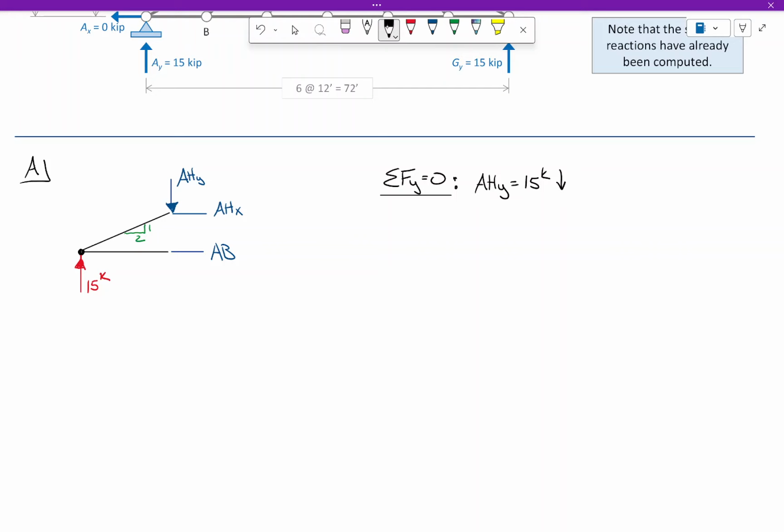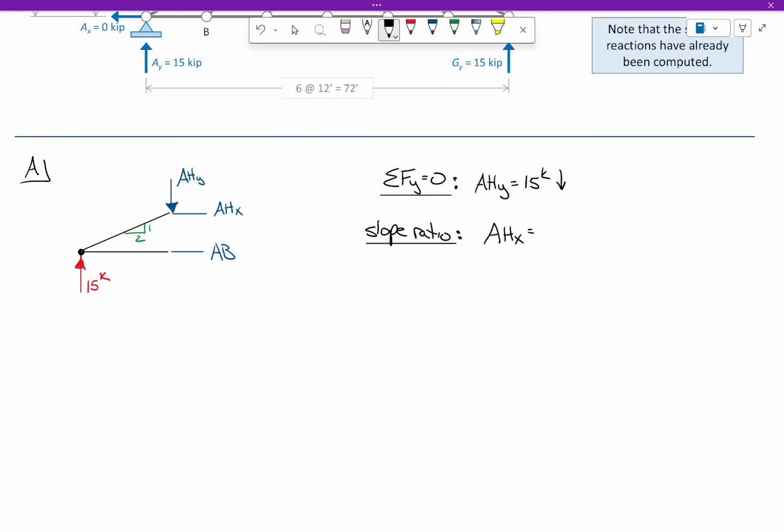Okay. Somebody over here tell me what to do. Again, my coffee, they must have given me decaf because I'm not awake enough to do this problem. I need your help. Tell me what to do. Use the slope ratio. Okay. So the slope ratio, if I know AHY, that's going to tell me what AHX is.